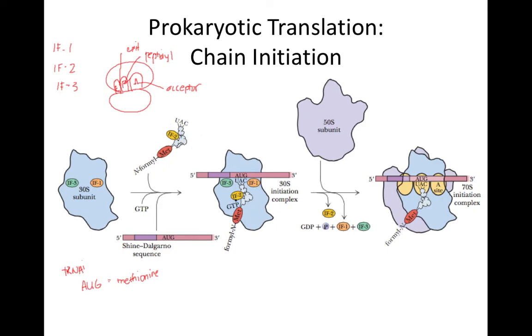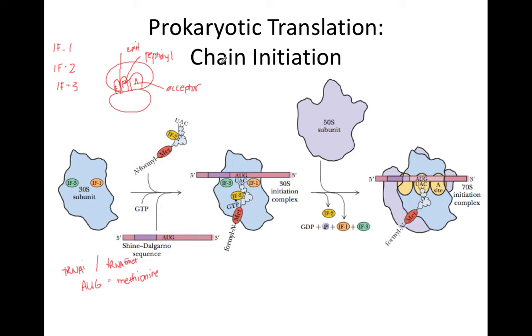Hence, there is a special tRNA dedicated to it, which is your tRNAi. Specifically, in prokaryotes, the methionine is formylated, meaning there's a formyl group attached to it. So that's why sometimes you will see this initiator tRNA known as tRNA fMet.